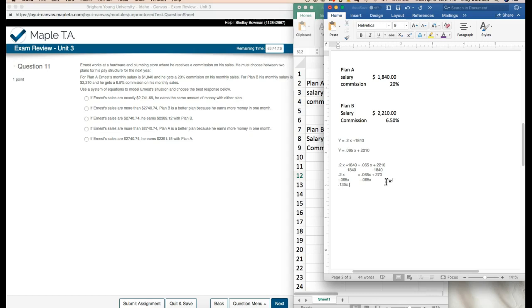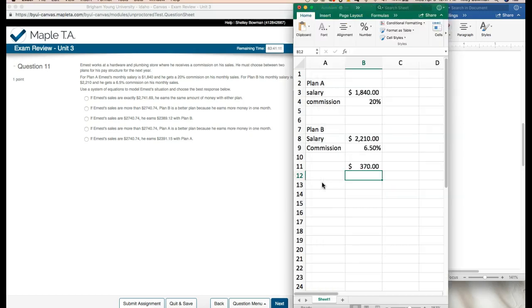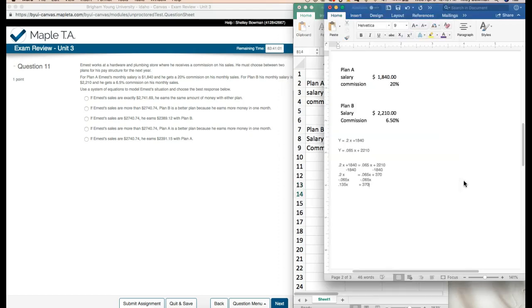I hope that's what you guys got when you're working this along with me. Equals 370. Let's just double check just to make sure I didn't do any typos. 0.2 minus 0.065, yep, 0.135.